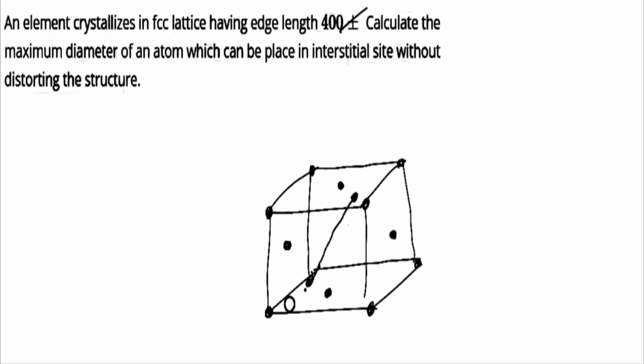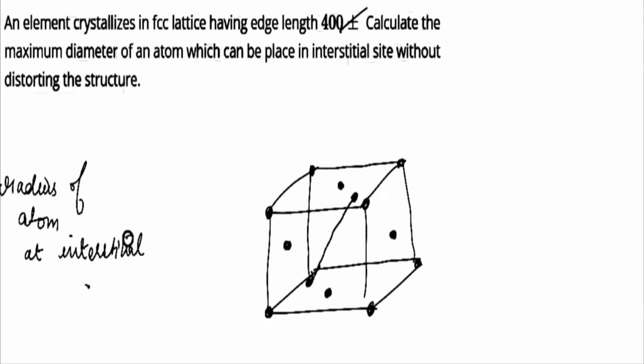Let the radius of the atom at interstitial sites be R1, and the radius of the atom present in the FCC lattice be R2.